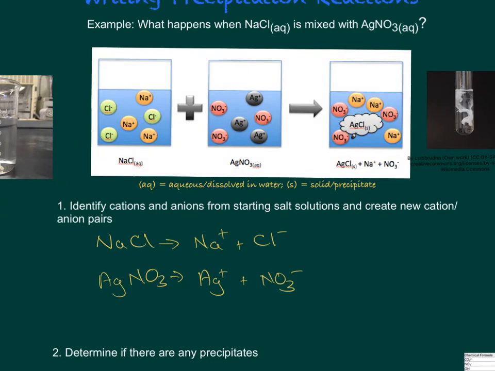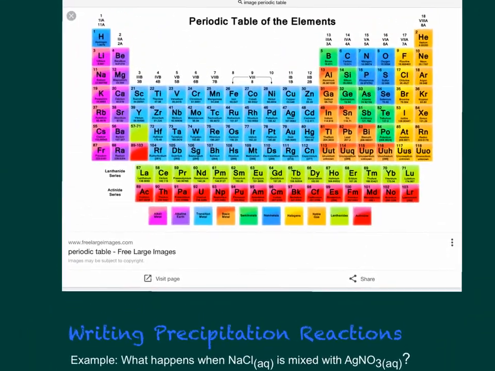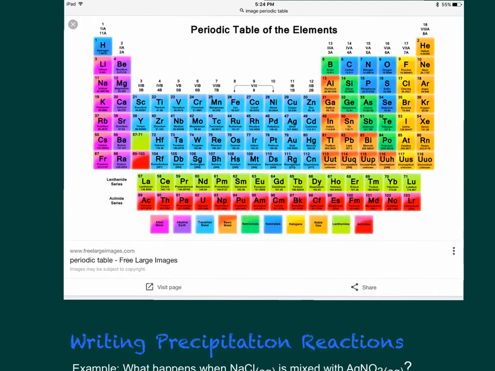So how did I know that sodium formed a +1 cation and chlorine formed a -1 anion? Well, in this case, I would just simply go to the periodic table. If you look here, everything in column 1, all these metals, form +1 cations, and everything in column 2 forms +2 cations.